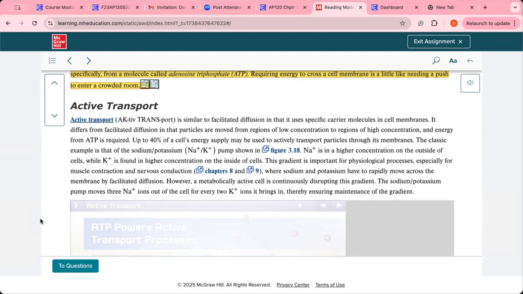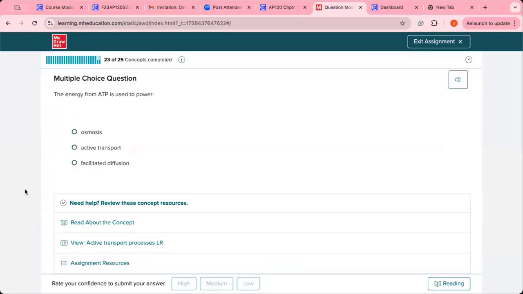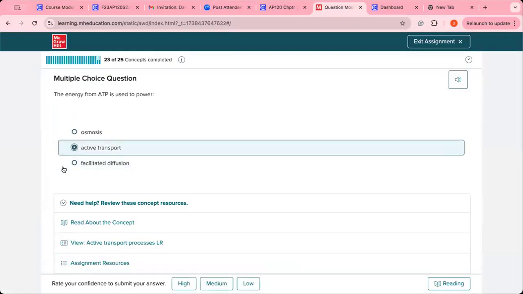It differs in that particles are moved from areas of low concentration to high concentration, and energy from ATP is required. That's active transport.